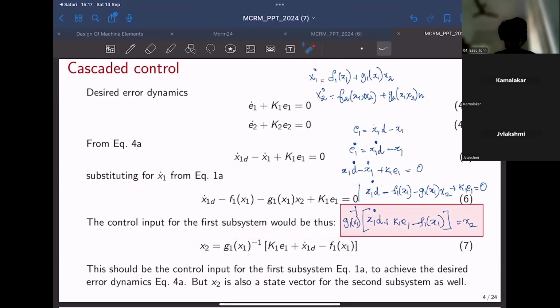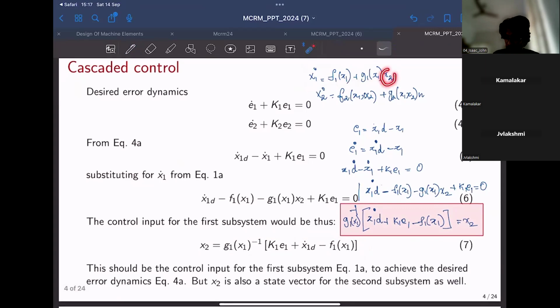So the brief summary is that in this first subsystem, if we can somehow control x2 such that x2 is this term, g1 of x1 inverse, k1 e1 plus x1 desired dot minus f1 of x1, if we are able to control x2 in this manner, we will be able to force the first system to behave as per this first order dynamics.